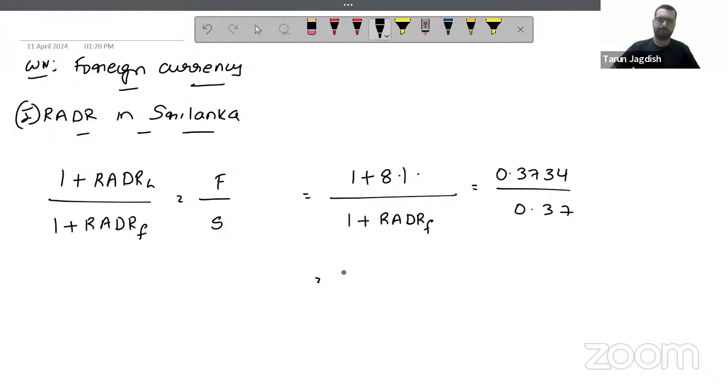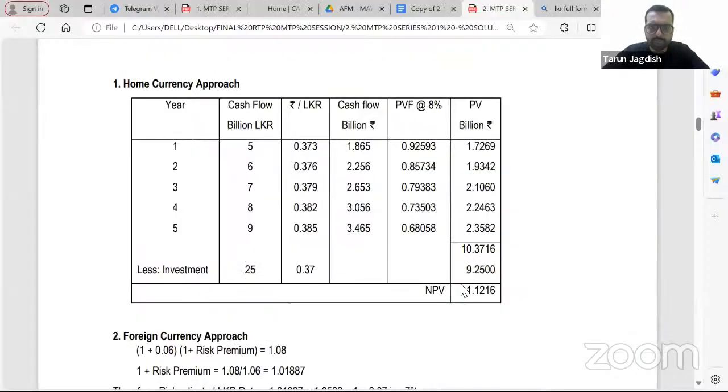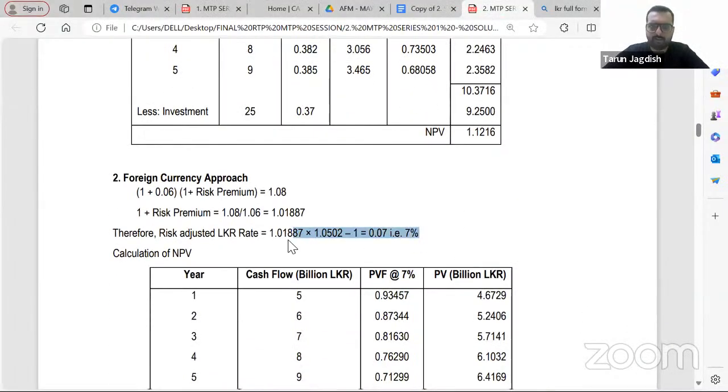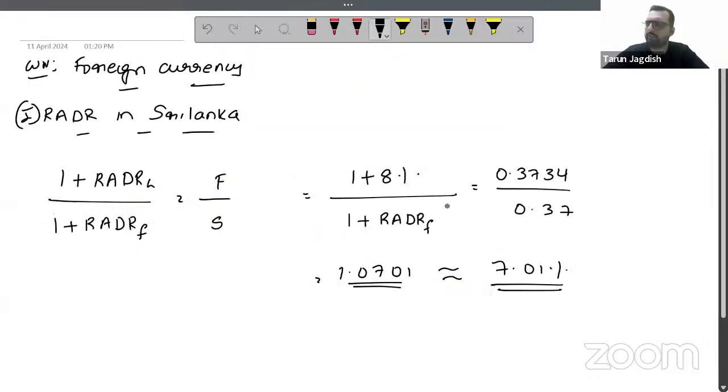Okay. We'll get the answer as 0.1. Yes, so that is nothing but 7.01%. Okay, let's just confirm. Yes, 7%. We also got 7.01%.